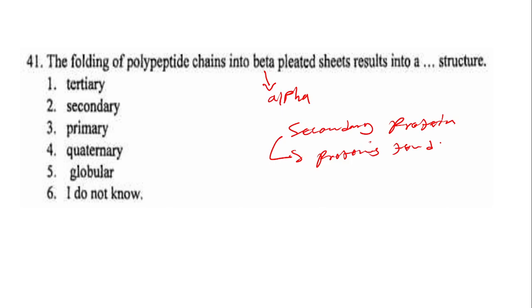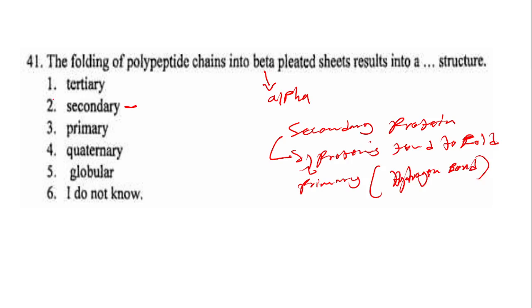So the primary proteins tend to fold, and the bond which is existing is the hydrogen bond. So the secondary proteins, which is the answer in this case, are the ones that have a hydrogen bond in them, and these produce beta pleated sheets and alpha pleated sheets.